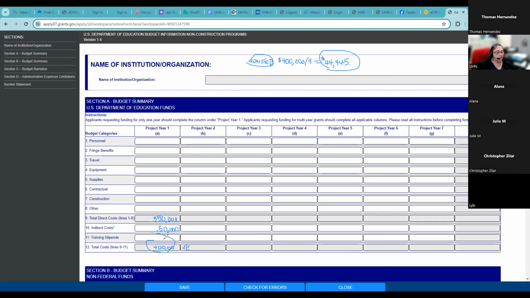And then the federal divided by the 35,000 tells you you have to have 12 successful closures that year. Please say that again, Christopher. So the 400,000 at the bottom left, you divide that by the 35,000, and that tells you you need to have 12 successful closures.